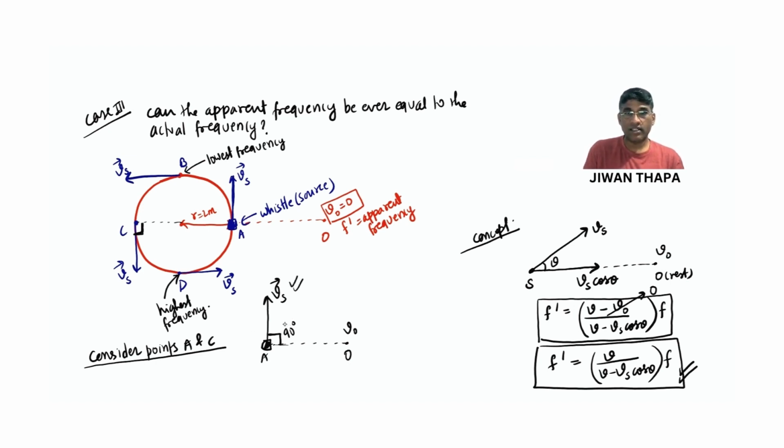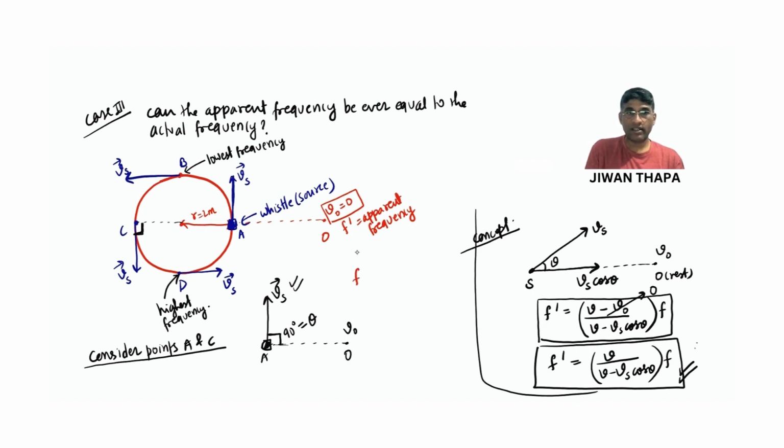So what do you find? We find the angle between the direction of velocity of the source and the line joining the observer with the source is 90 degree. Therefore, theta equals 90 degree. At point A, the source is directed along this direction, and at point C, the source is directed along this direction.